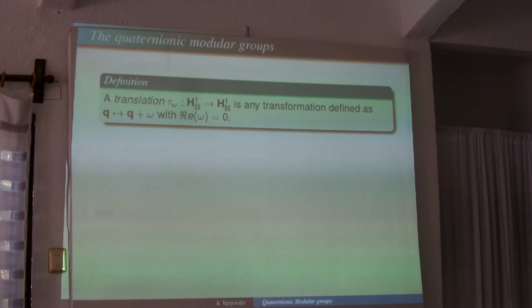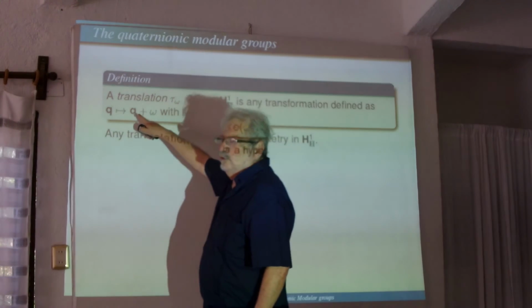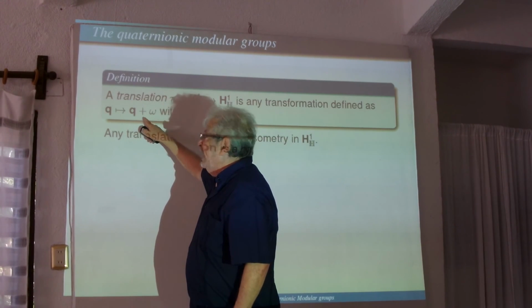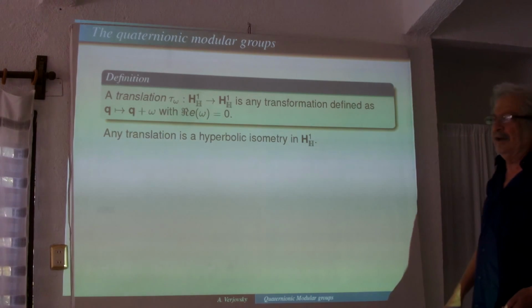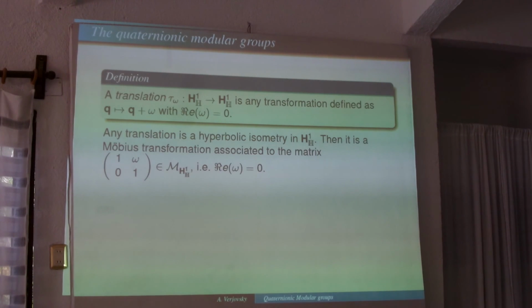And so we start by defining translations. A translation is this, it is a group, a parabolic group. This is a more obvious Möbius transformation, and because omega is purely imaginary, it preserves the quaternions whose real part is positive.